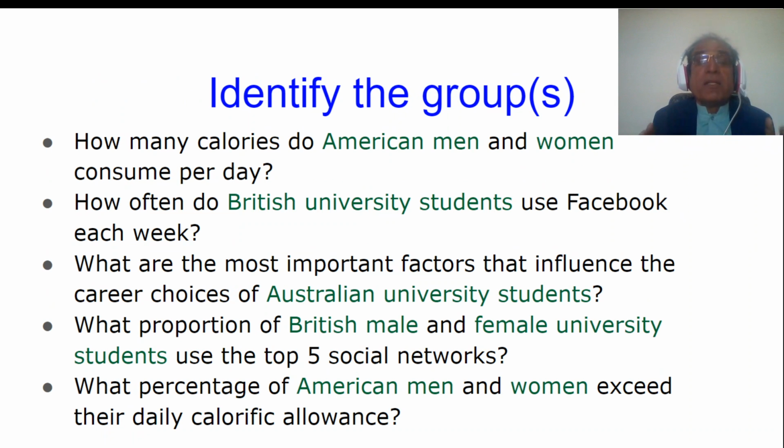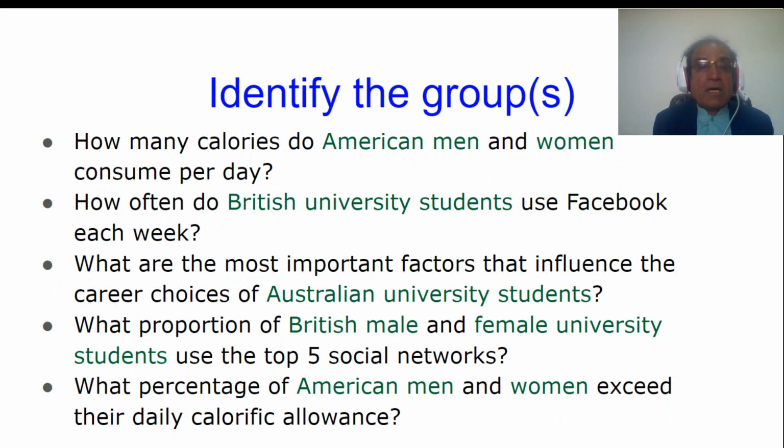Next, identify the group. After identifying the variable, we also have to identify the group. How many calories do American men and women consume per day? Here, American women and men is the group. How often do British university students use Facebook each week? British university students is the group. What are the most important factors that influence the career choice of Australian students? Australian students is the group.